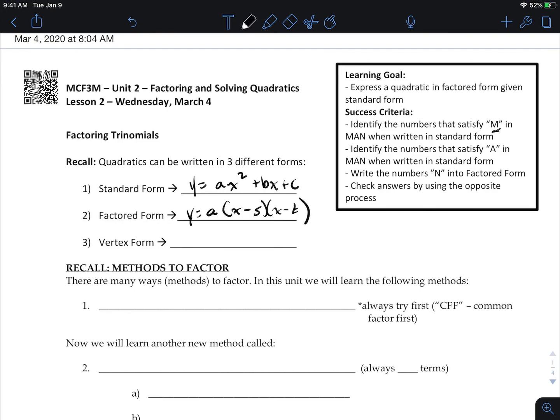S and t are just numbers. Whatever those numbers are, we'll call those the factors. And then vertex form, we had y equals a(x minus h) squared plus q or k.